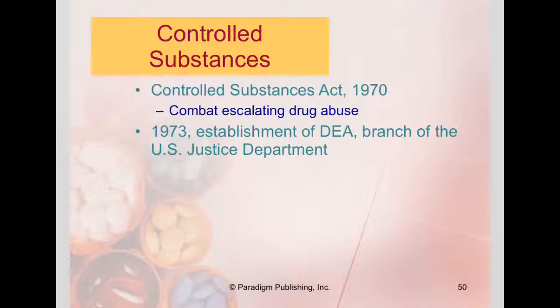To get a C2 filled, the pharmacy must have the signed script, and they get no refills. So if you ever see a prescription come in for an OxyContin or something like that, and it has 5 refills written on it, someone's probably forged that.